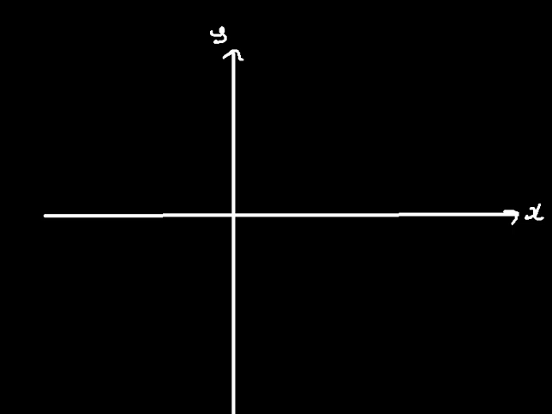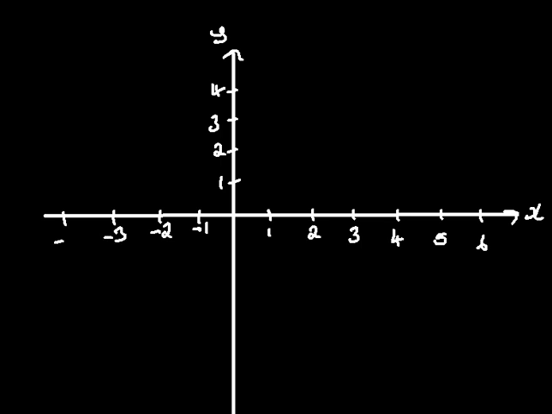Now, let's say this is 1, this is 2, this is 3, 4, 5, 6, and this is 1, 2, 3, 4, and this is -1, -2, -3, -4, and we should have the same scale in this way along the y-axis.